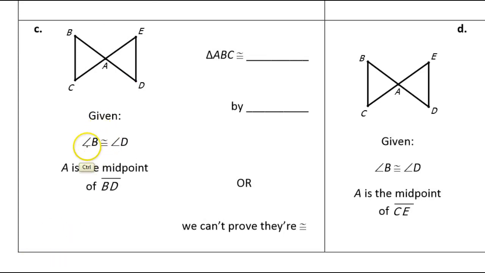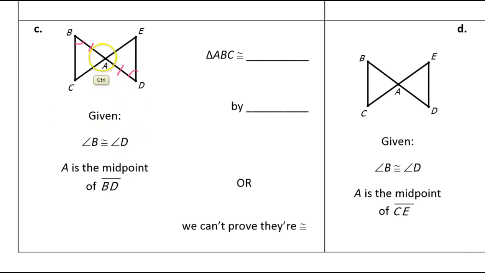Now on this one, we are given that angle B is congruent to angle D, and A is the midpoint of BD. If A is the midpoint, then that means BA and AD are congruent.